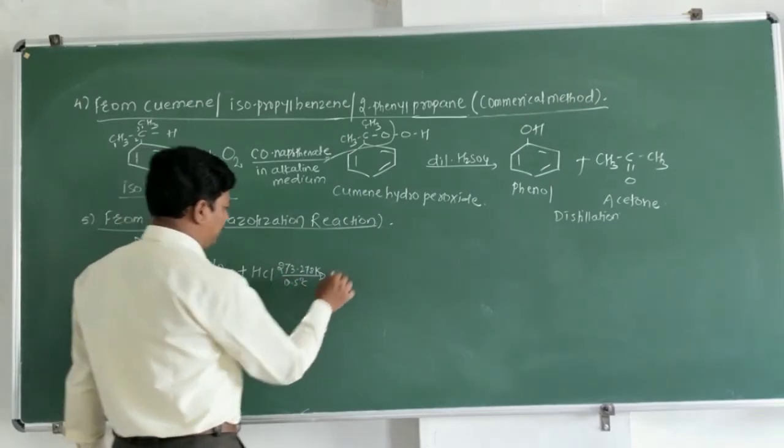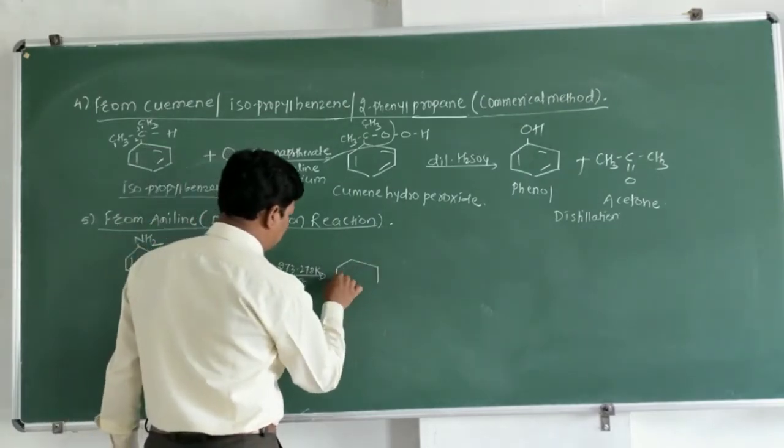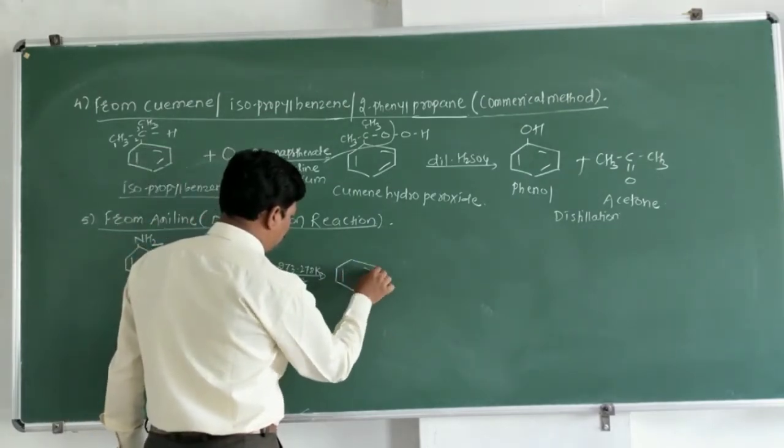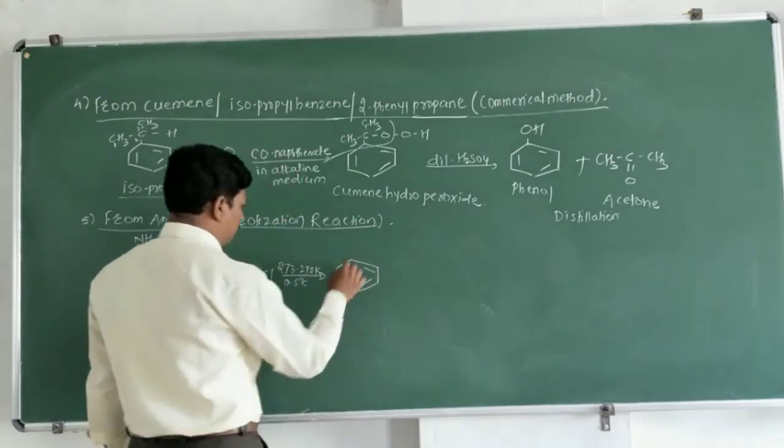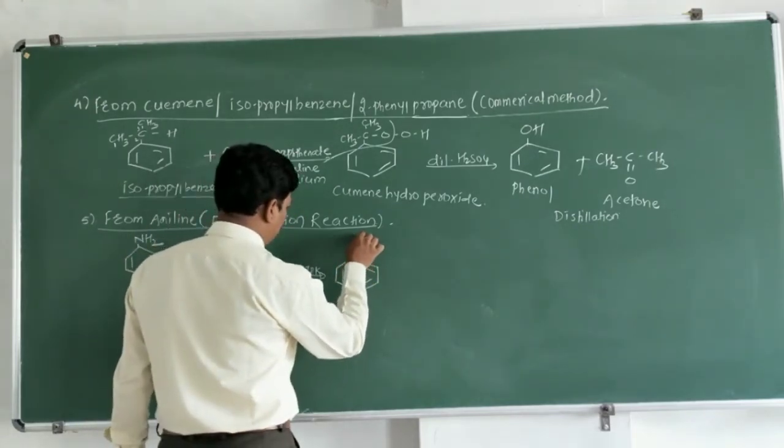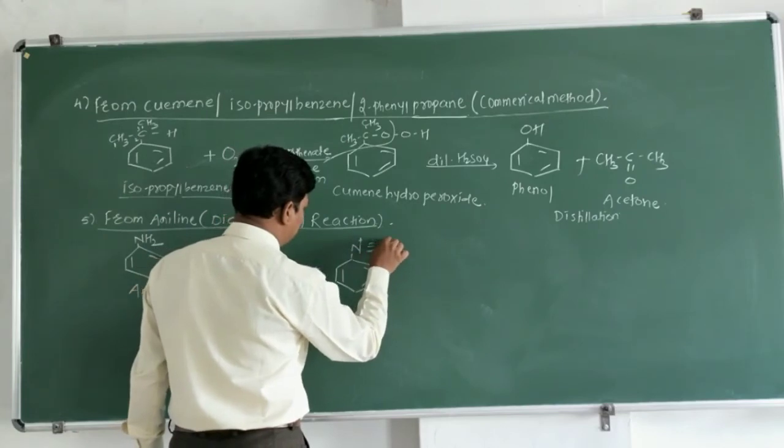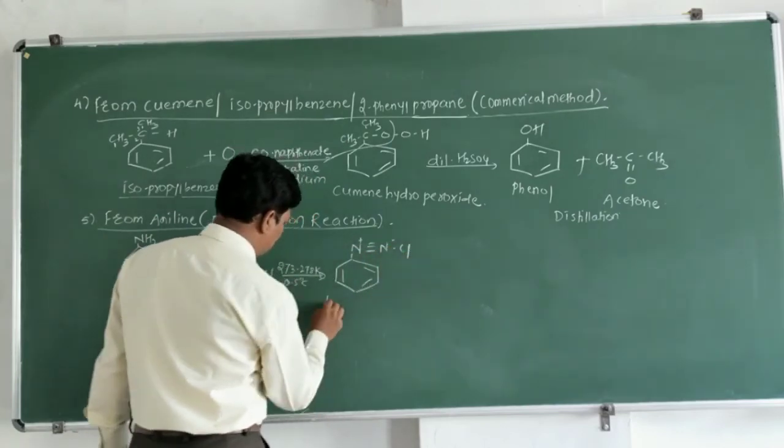Okay, and in this reaction an intermediate compound is formed, and that intermediate compound is benzene diazonium chloride.